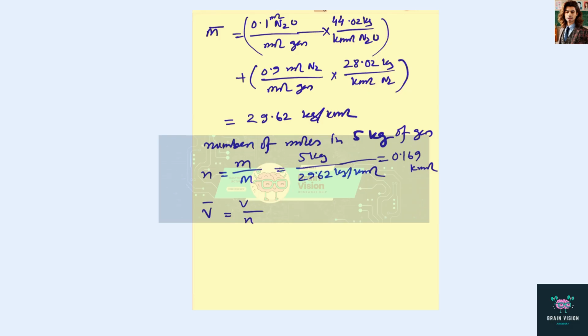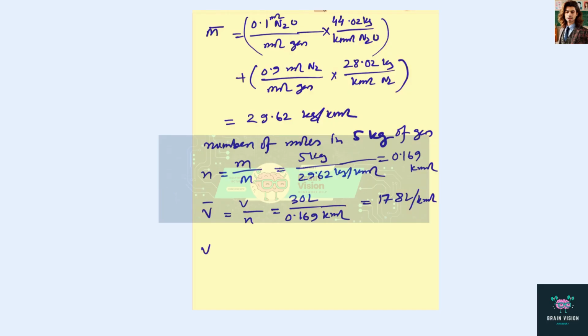The molar volume is equal to the volume of the cylinder divided by the number of moles. Volume of the cylinder is 30 liter. Number of moles is 0.169 kilomole. Therefore, the specific molar volume is 178 liter per kilomole.